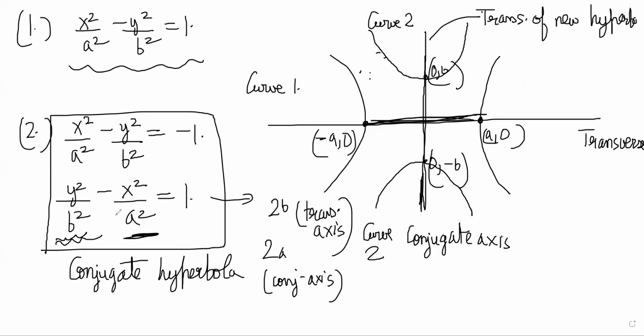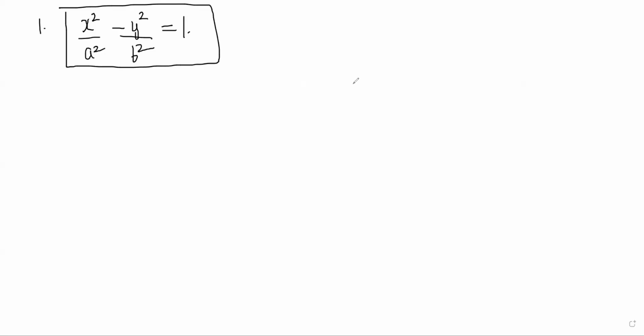Now, let's look at some of the other forms of the equation of a hyperbola. Let's look at first the standard form, x squared by a square minus y squared by b square equals 1. Here, what are the information that we know from this? The center is 0, 0. Vertices are the points where the transverse axis meets the hyperbola.